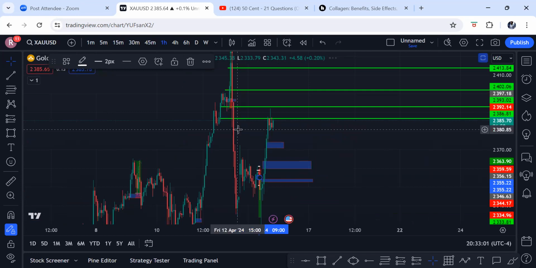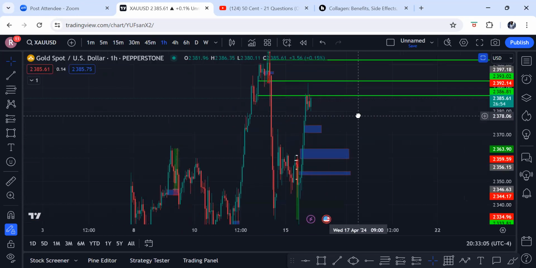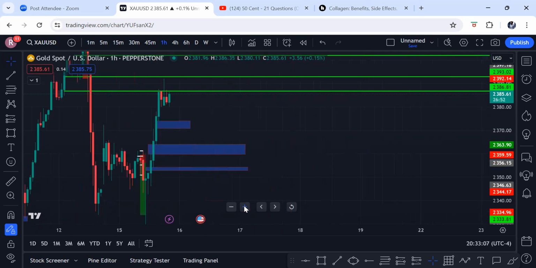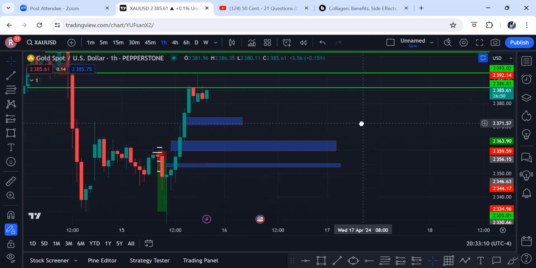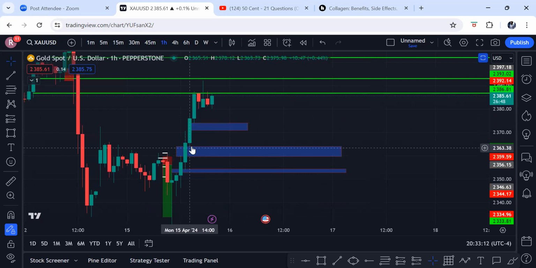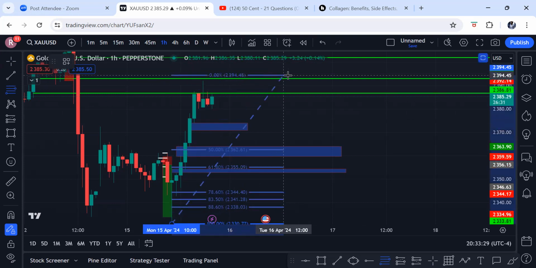We look for the imbalance that's created. Once you get the imbalance, like here, for example, this imbalance, the bottom here, areas of imbalance, we have no pullbacks.